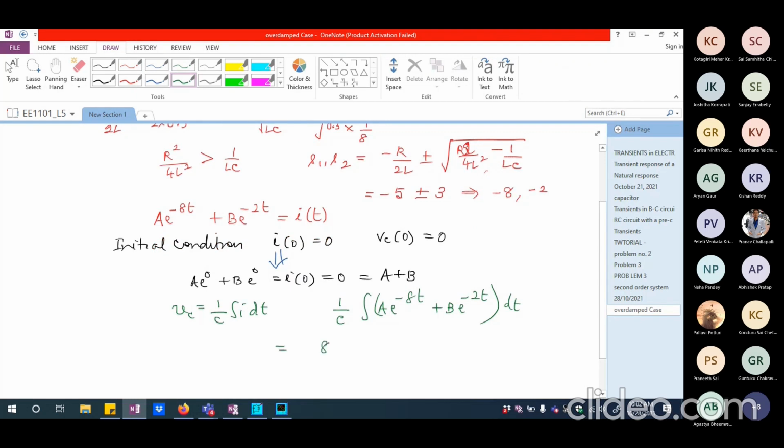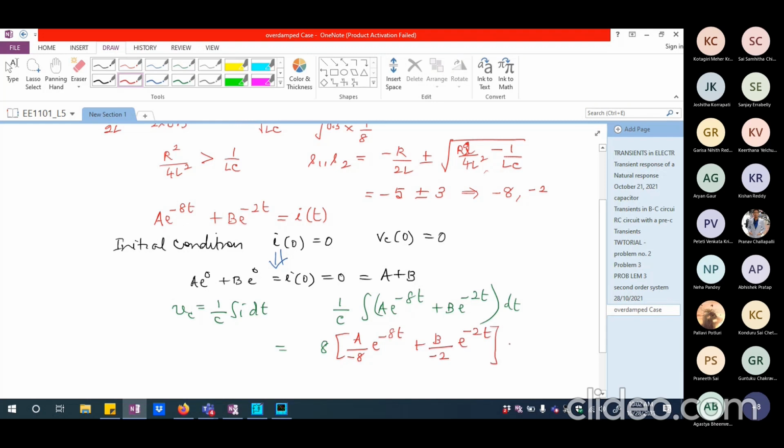Is it minus 8A? So, no, A divided by minus 8, isn't it? The first term will be A divided by -8 multiplied by e power -8t plus B divided by -2 multiplied by e power -2t, right? This is going to be the integral.